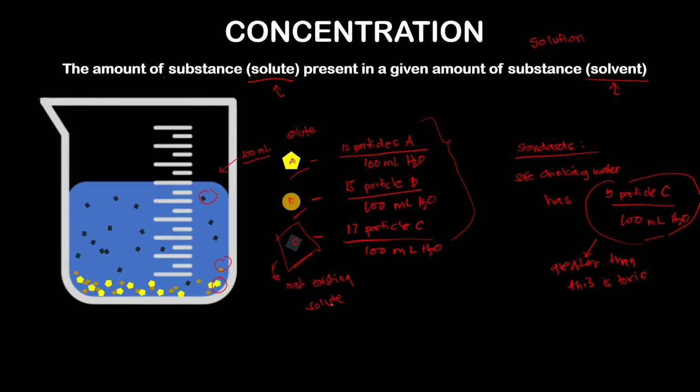So this water can be considered toxic because of the high concentration of particle C. So this is non-drinkable. We can measure concentration that way, compare it to standards, and then make a conclusion. This is just one example of how important it is to measure concentration.